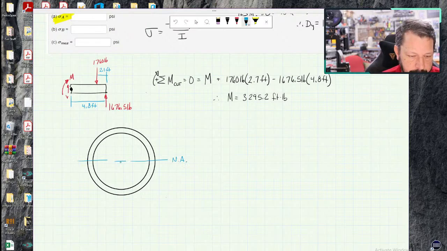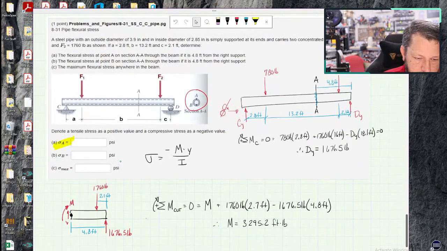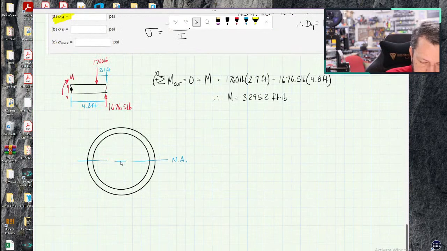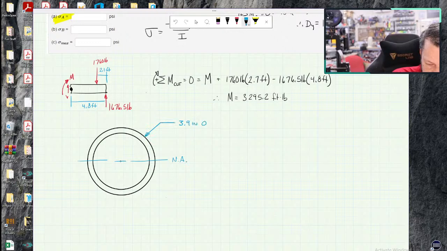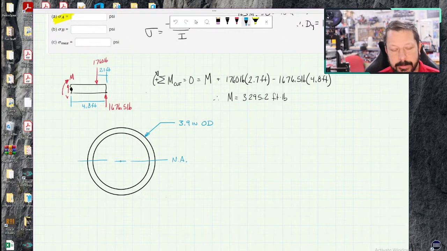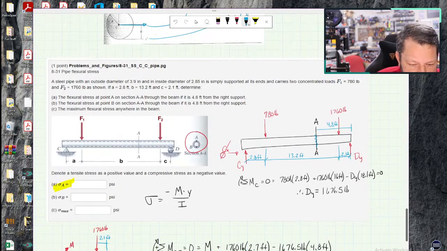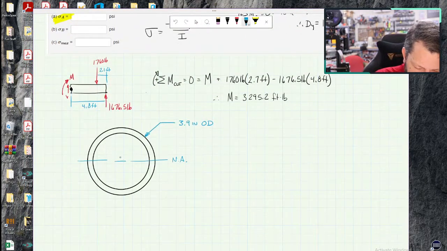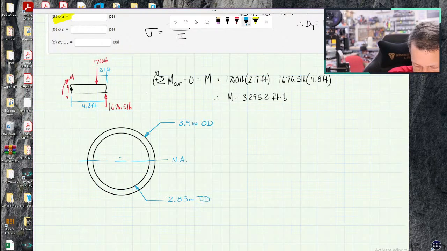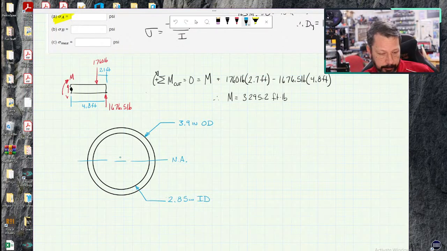And they gave us some dimensions. They said the outer diameter of 3.9. So OD is outer diameter. They gave us an inner diameter 2.85. So ID is inner diameter.